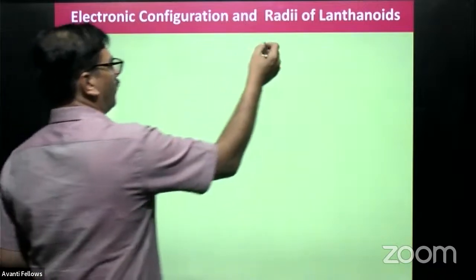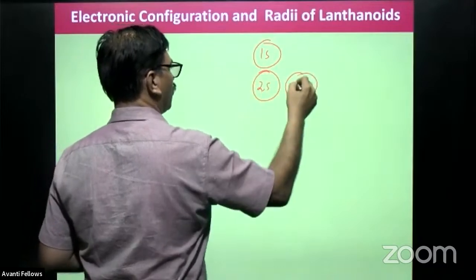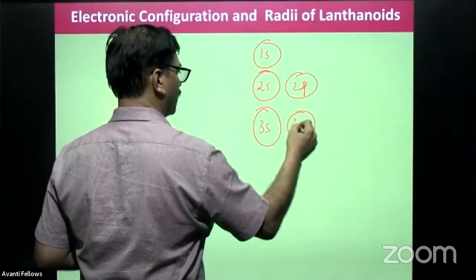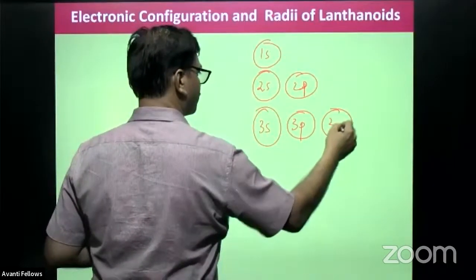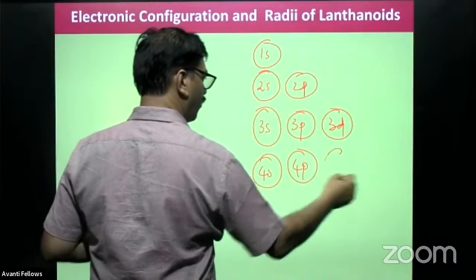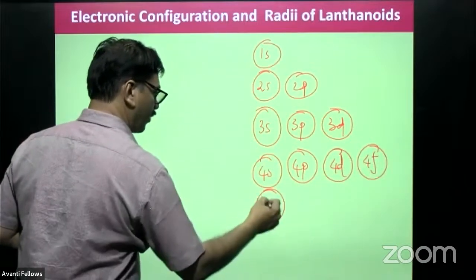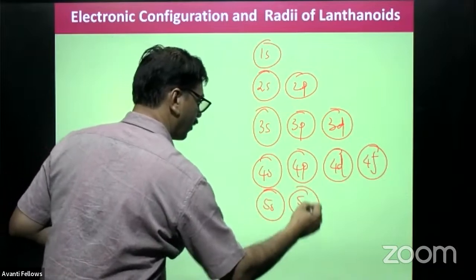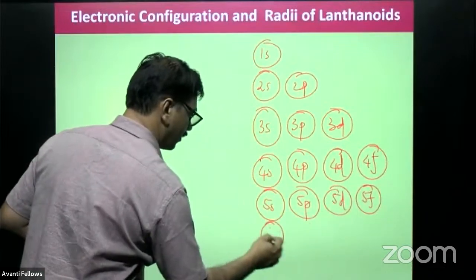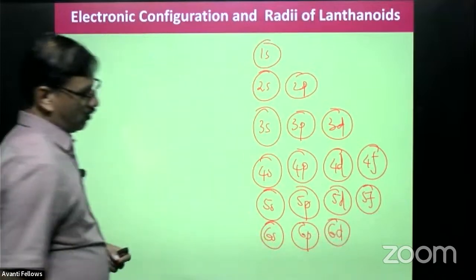Actually, we follow this, right? Probably this has been taught to you: 2s, 2p, the Aufbau principle, right? 3s, 3p, 3d orbital, and 4s, 4p, 4d, 4f, right? 5s, 5p, 5d, 5f, 6s, 6p, 6d, right?